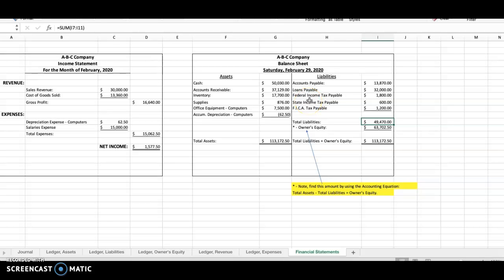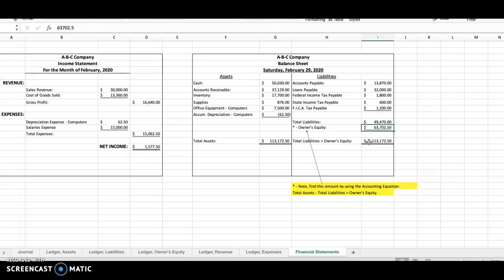Now to find at this point, and this is the new part that I want to emphasize to you, right now to find the owner's equity, if you look down here, there's a note. Find this amount by using the accounting equation. Total assets, this number, minus total liabilities, this number, will give you the owner's equity.